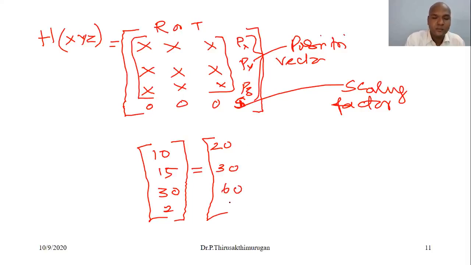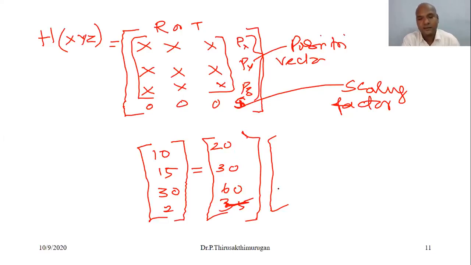Okay, suppose we have 0.5, or say 0.25, and you multiply it again. Either divide or multiply, you will begin.